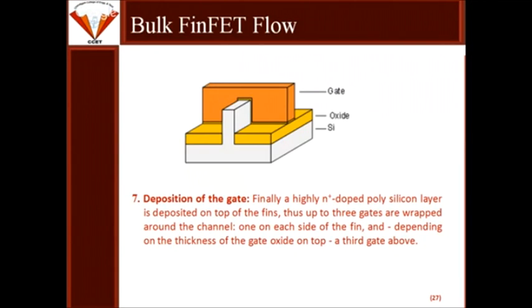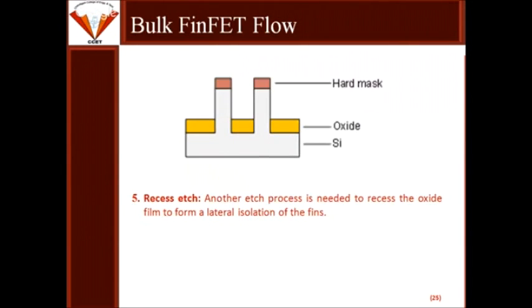Depending upon whether we want to use the top surface for conduction, for the controlling behavior of the gate, it depends. If you want to create the 2D device, then on the top you will see the silicon nitride hard mask.